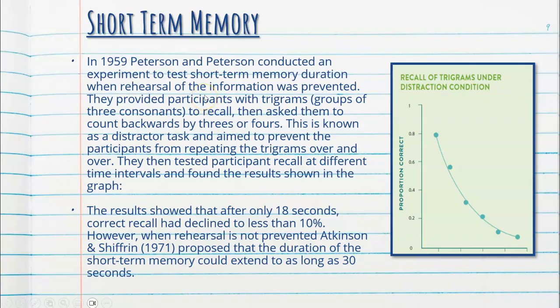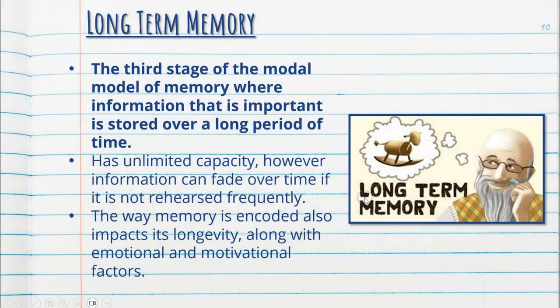They then tested participant recall at different time intervals and found the results shown in the graph here. After only 18 seconds, correct recall had declined to less than 10%. But when rehearsal is not prevented, Atkinson and Shiffrin in 1971 proposed that the duration of short-term memory could extend as long as 30 seconds. So it only emphasized the importance of rehearsal.